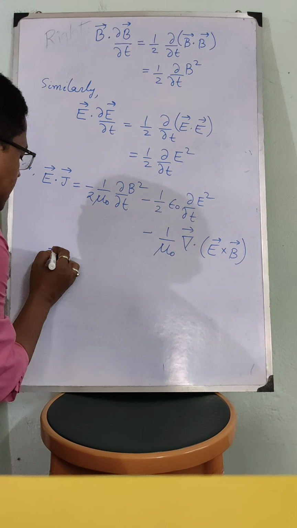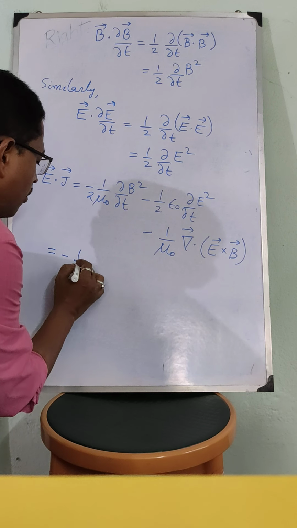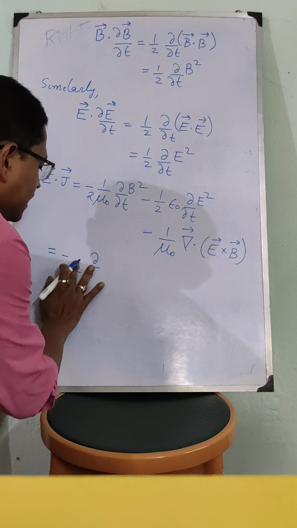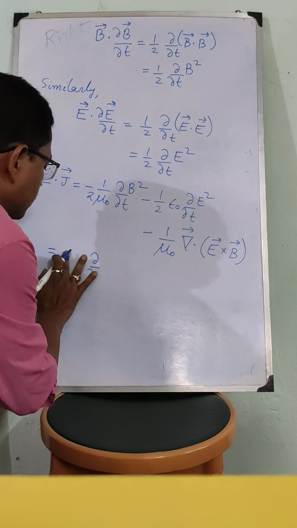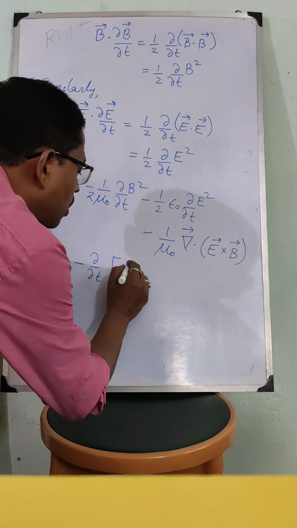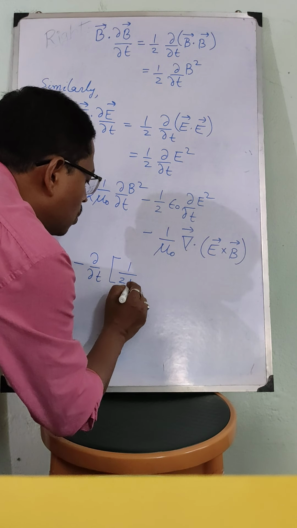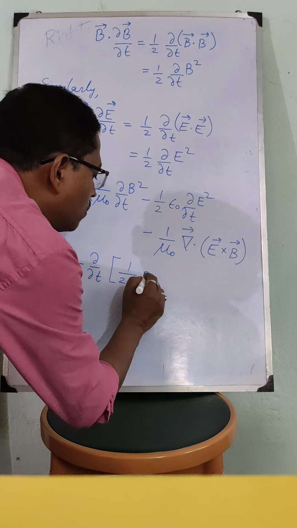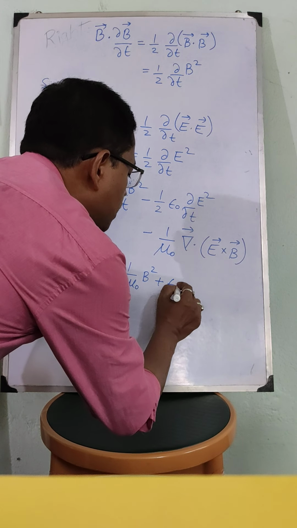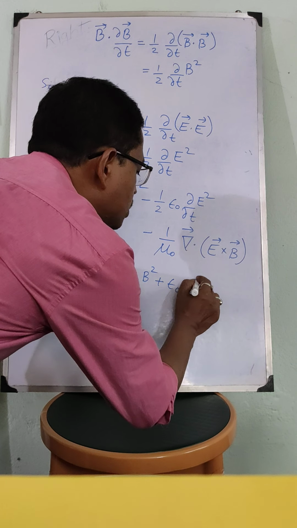So this is equal to minus del del T bracket 1 by 2 mu 0 B square plus epsilon 0 E square.